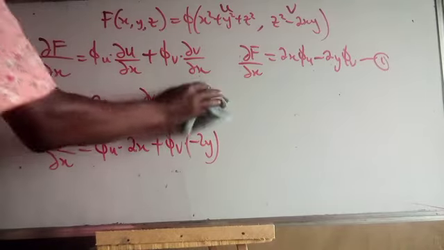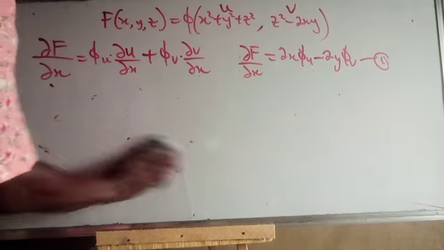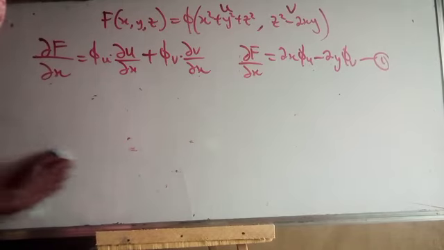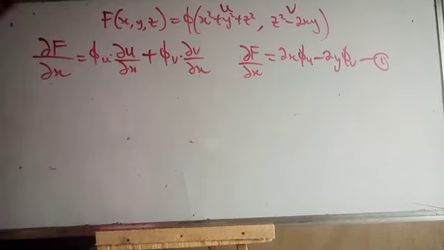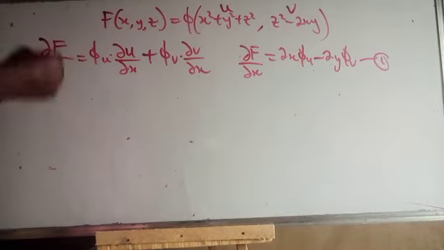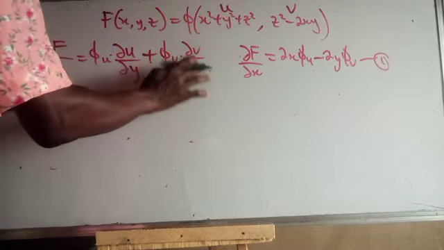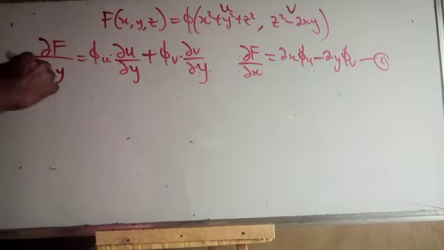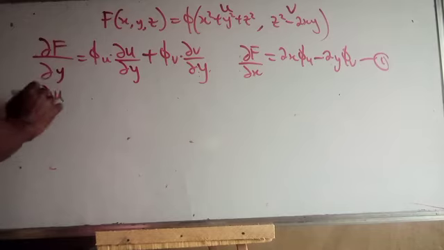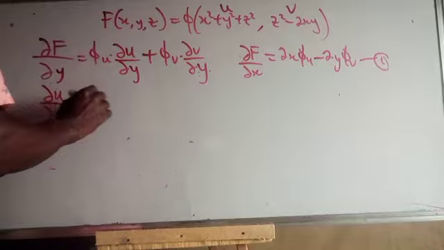Now we do the same thing for y. Let's do the same thing for y. Now we differentiate partially with respect to y. So let's change this to y. Beautiful. So that means the u dy will be, from here, 2y as well.